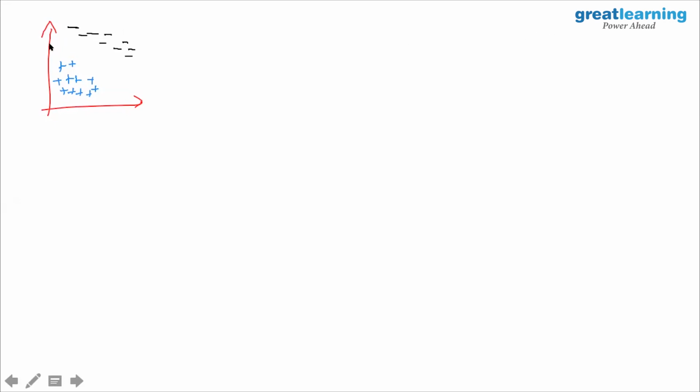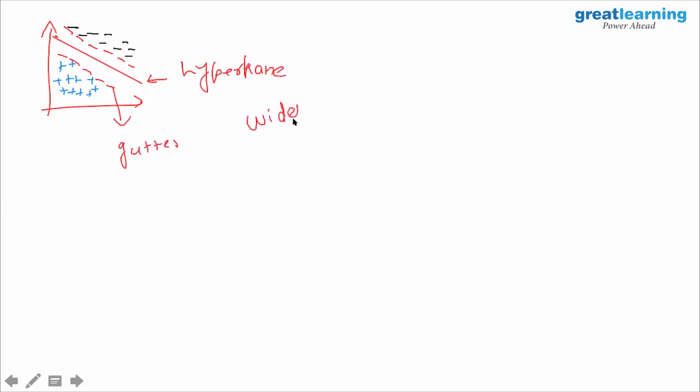Now, the concept of SVM is to draw this particular hyperplane that will separate out these two classes with the most possible and widest margin possible by taking into account these objectives. So this is called the hyperplane, and this is called the gutter or margin roads. This approach is called the widest margin road approach.